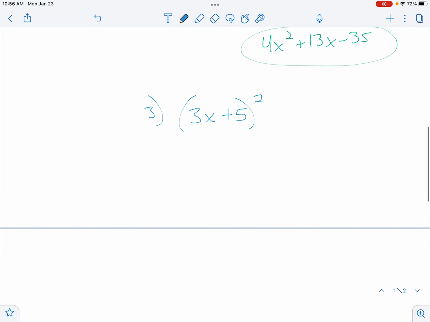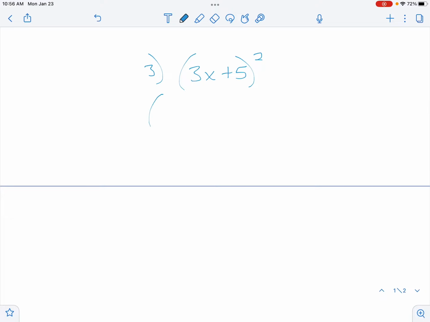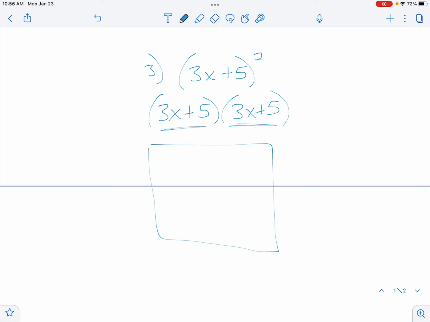So when you see this, you're going to write it 2 times. So really, we have 3x plus 5 times 3x plus 5. Now I have it split up. Now it looks like a problem we've done before, so I can go ahead, choose my method, and solve it.